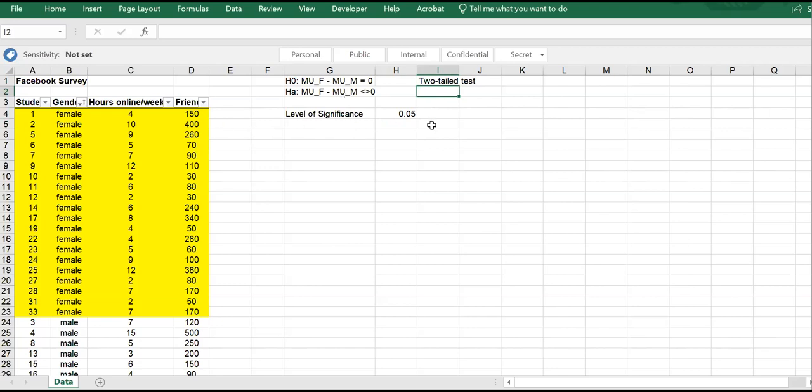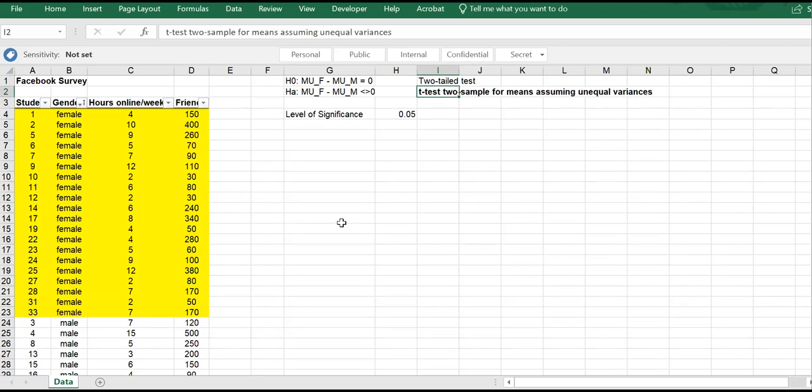For this two-tailed test, and again, we're dealing with two population groups, that would be a t-test, two sample test for means, assuming unequal variances. That's the type of test that I'm going to be using.